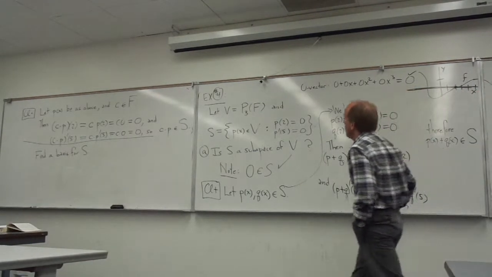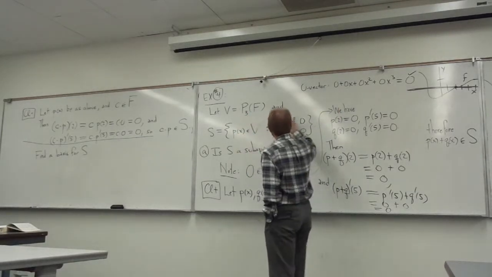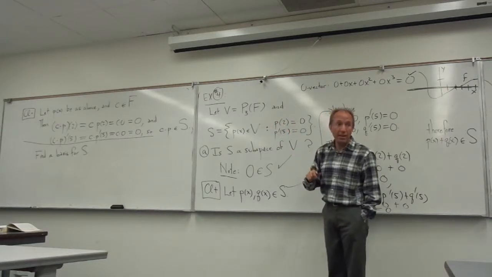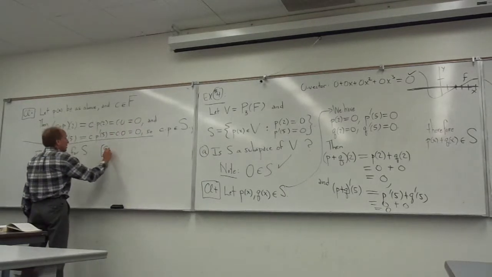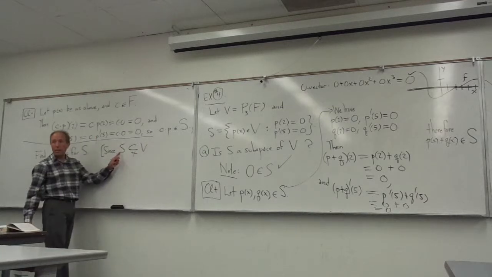Well, we're looking for at most 4, but S has enough restrictions on it that I actually know that S is not equal to V. So let me just make a note here. Since S is a proper subset of V, I can just write it like this, right?